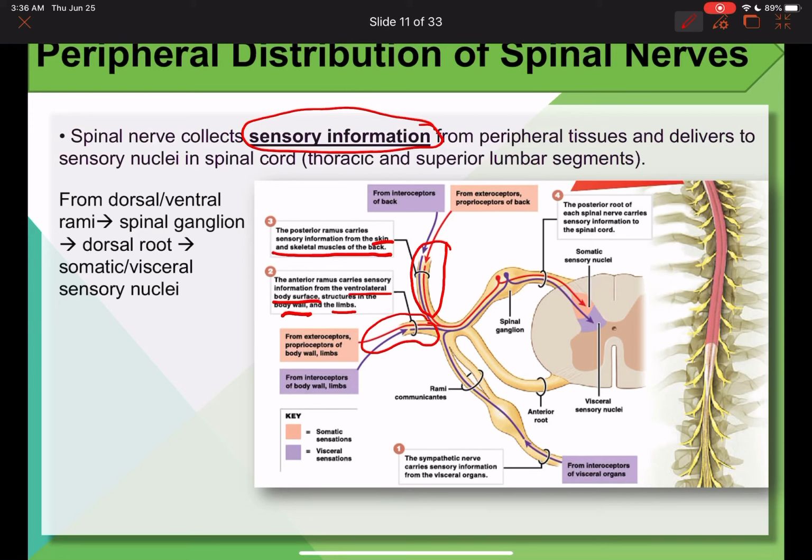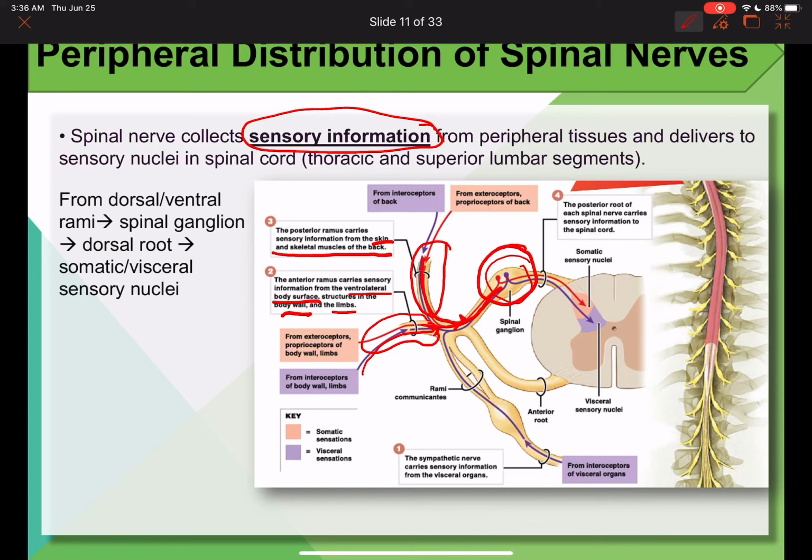Okay, so now the posterior and anterior rami will then send sensory information toward the spinal ganglion here. So they're coming in this way, coming in this way, and then they will come together within the spinal ganglion here, where you see the cell body of the unipolar neuron, of the sensory neuron coming through.